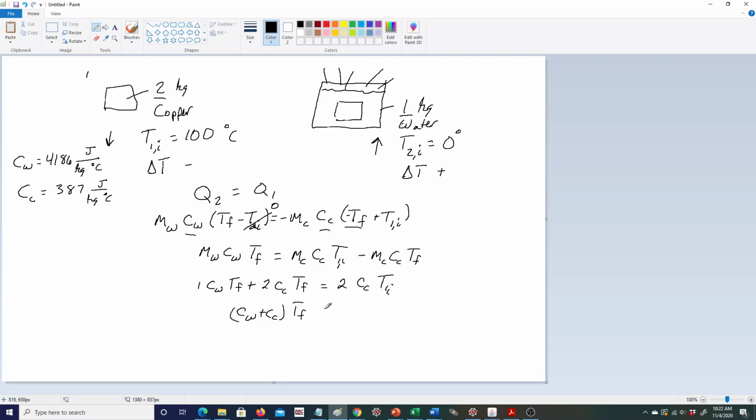TF is going to be equal to twice CC T1I. And so now in our particular example, the final temperature is going to be twice the specific heat of the copper times the copper's initial temperature divided by the sum of the specific heats of, so that needs to be a 2.